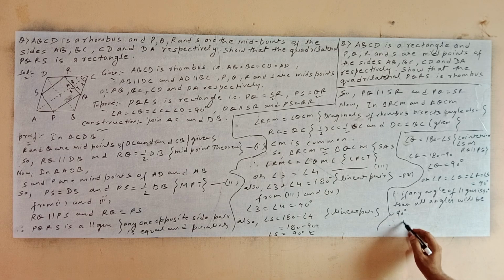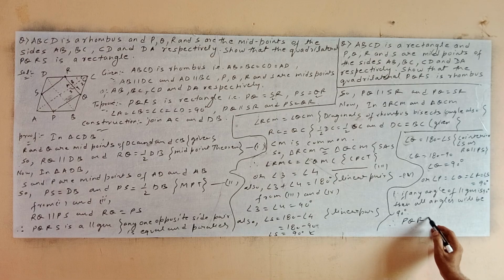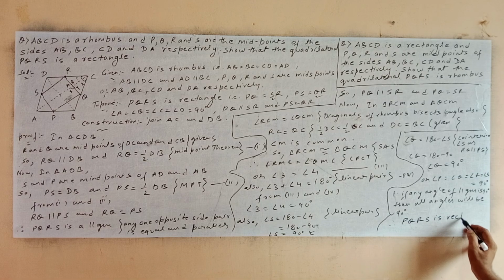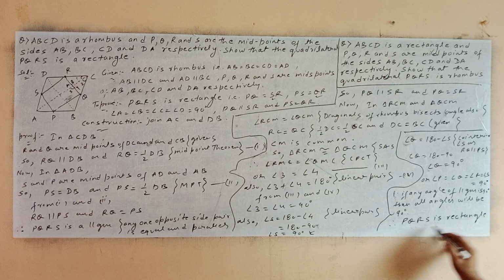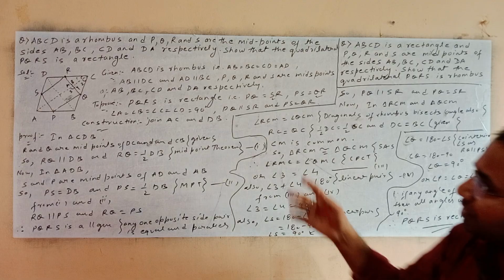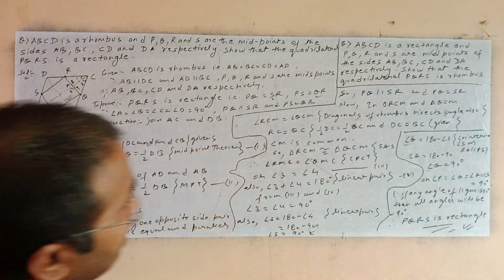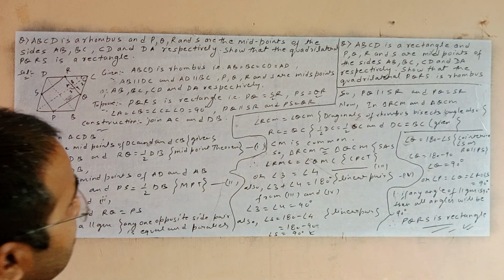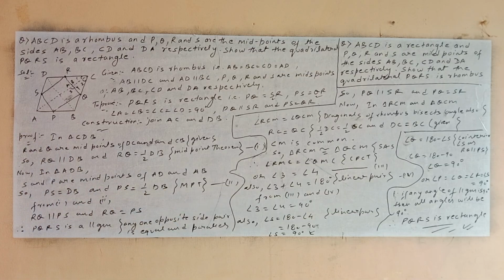Therefore you can say that PQRS is a rectangle. See, in this way you will prove that. So opposite sides equal and parallel we have shown and all angles are 90 degrees we have shown. So PQRS will be a rectangle.